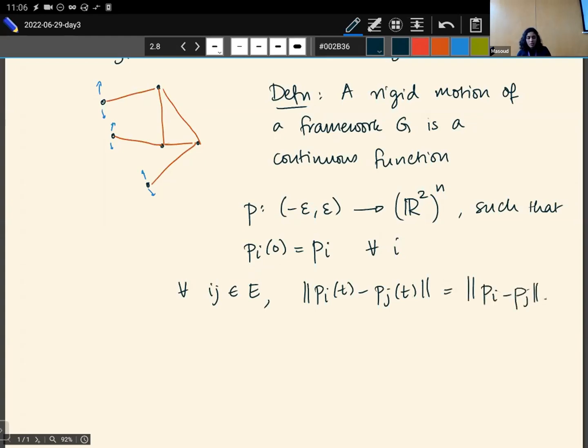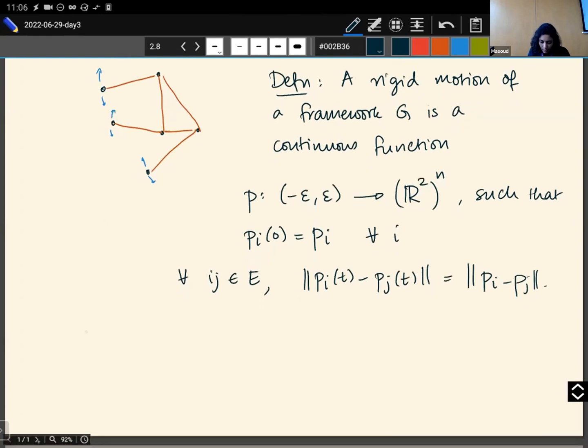That's all that I need, and I'm saying it's a continuous function. Typically, I'll be thinking about differentiable functions so that I have some nice behavior, but that's what a rigid motion is. Nothing unexpected. And of course, I just mentioned this, but note that any isometry of the plane gives a rigid motion necessarily.